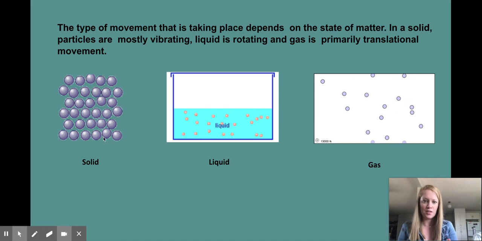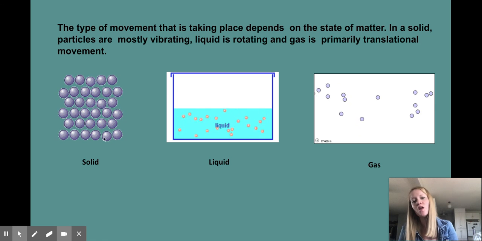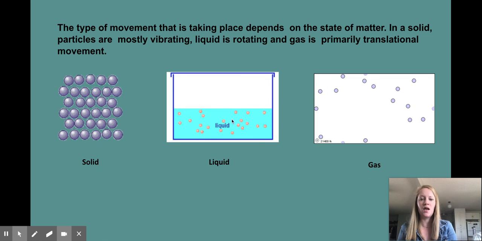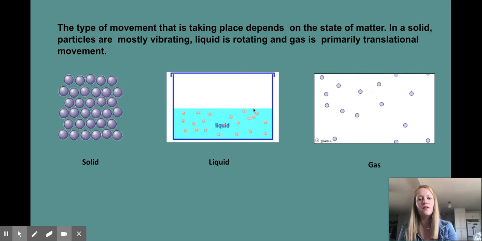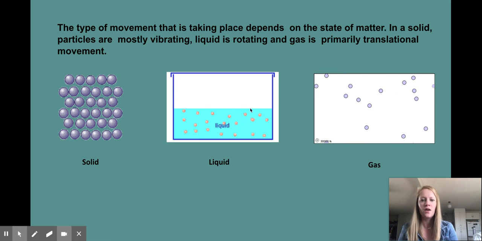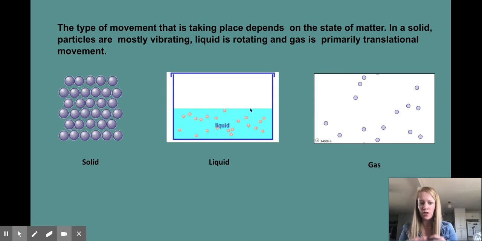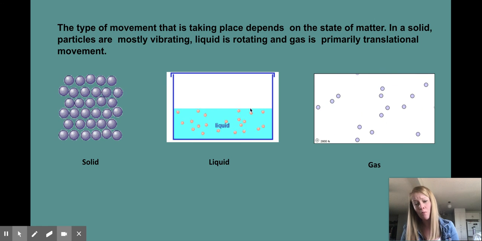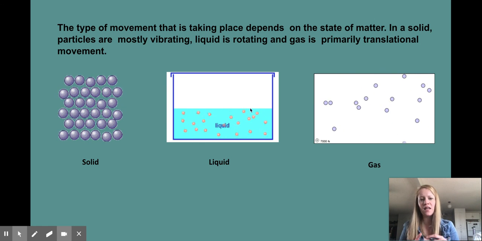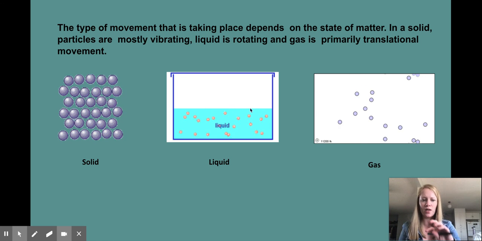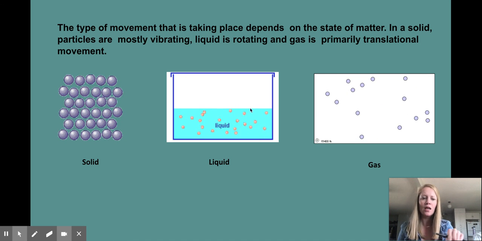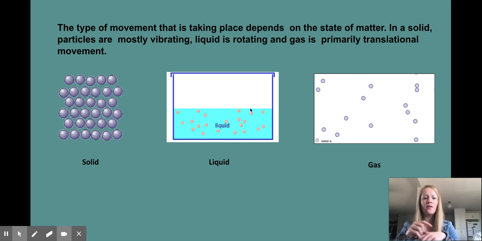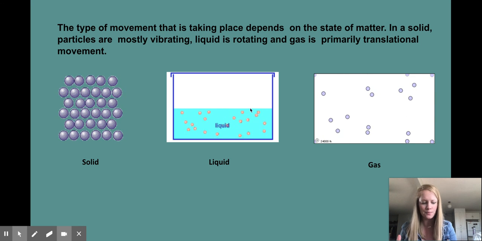Now, if you increase their kinetic energy, all of a sudden they can become a liquid, and that liquid, okay, has particles that now start not just vibrating, but they're also rotating. You increase that kinetic energy a little bit more, and that gas now also is translating, so it's moving side to side, and it's also probably rotating, and there's a lot more space between them.